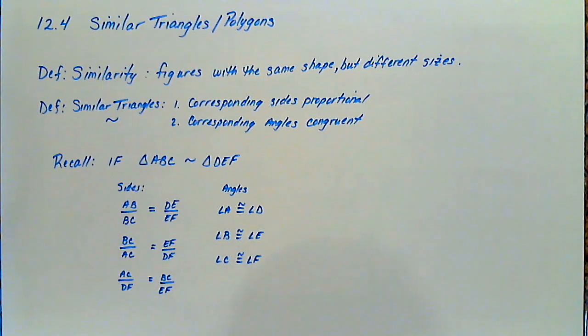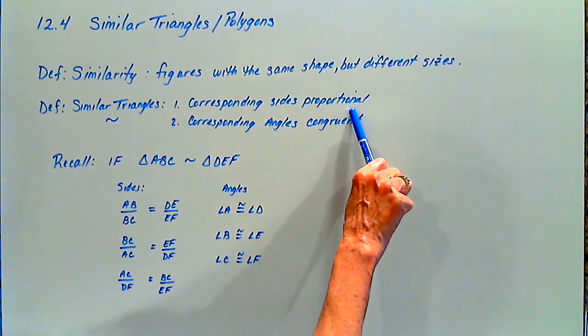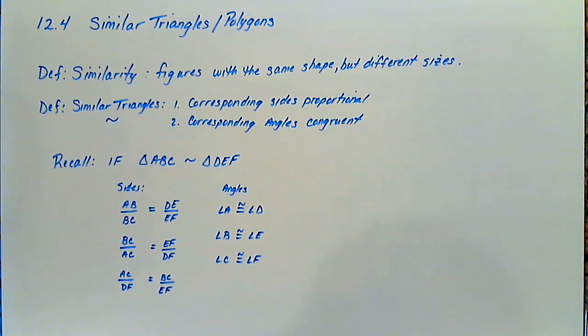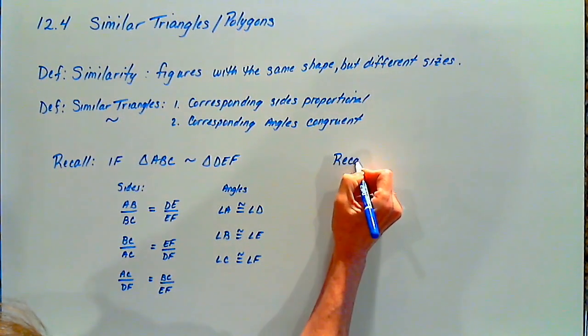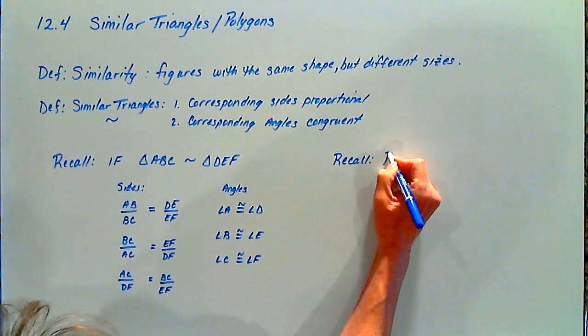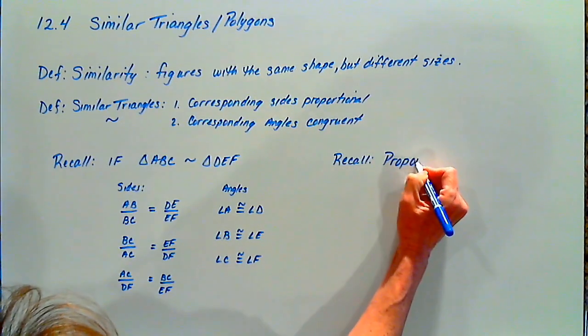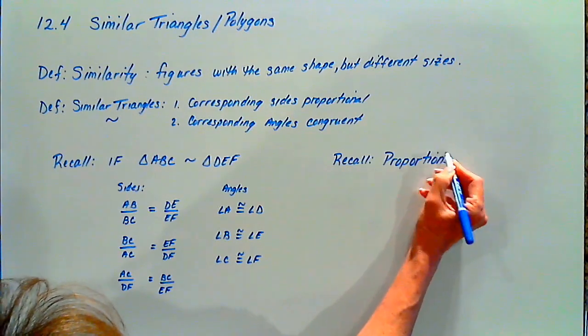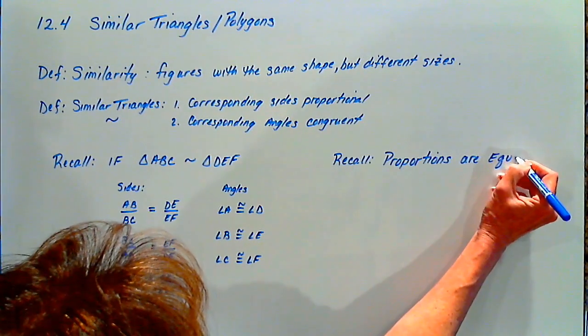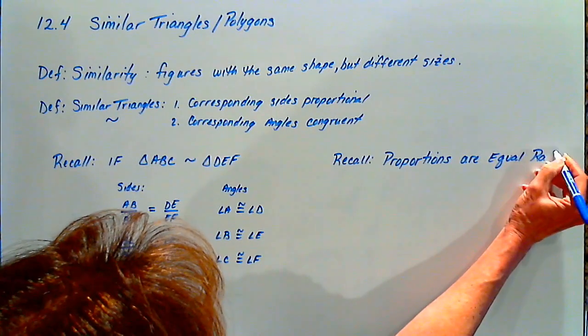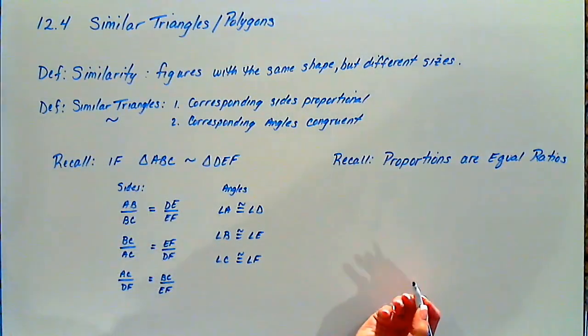The other thing I want to remind you of is how to solve proportions. Since we're talking about things being proportional, we need to remember how to solve when sides are proportional. So just as a refresher, proportions are equal ratios or fractions.